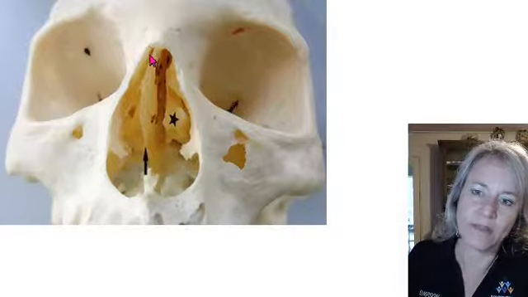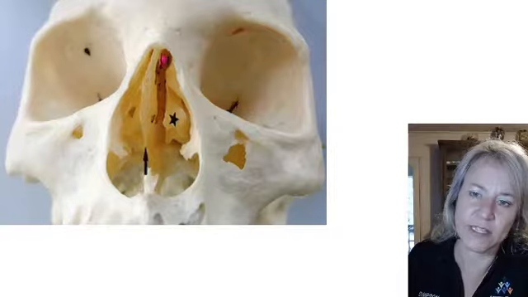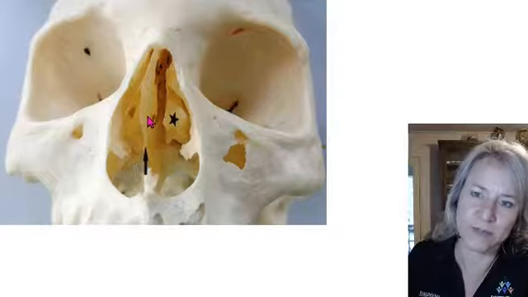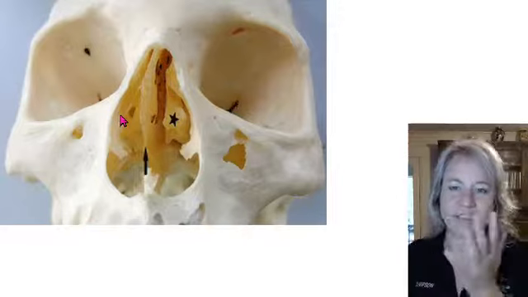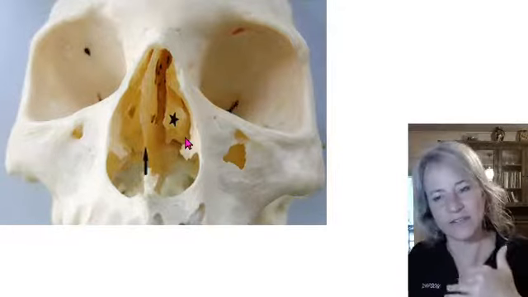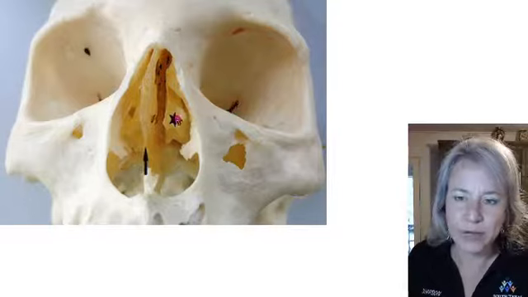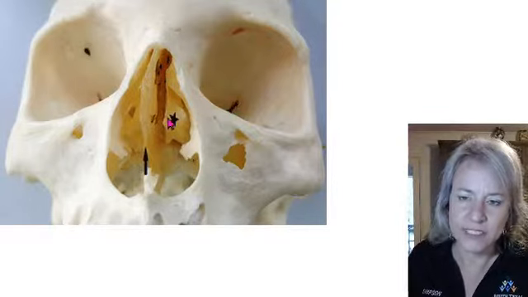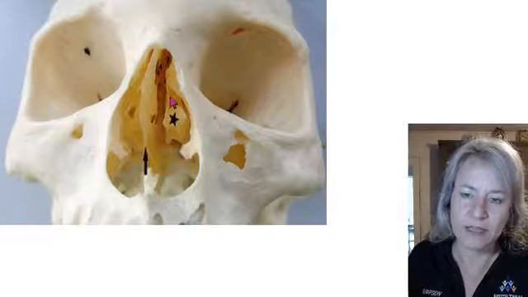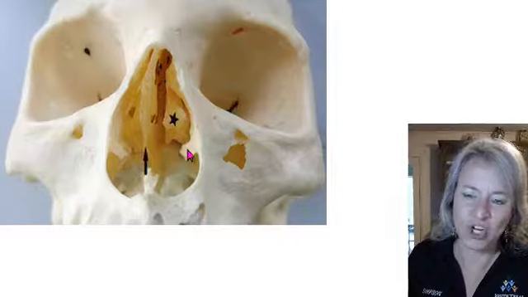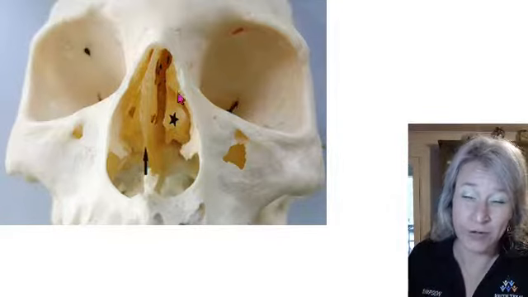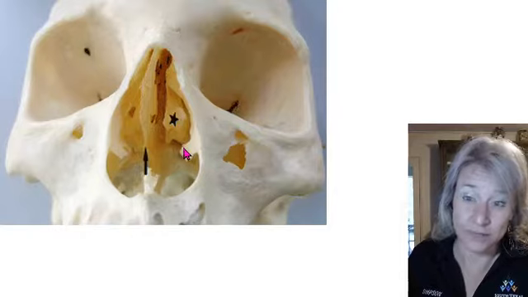Now, down the middle of the nasal cavity, there are these two bones here, and they make up what is called the nasal septum. So the nasal septum separates the right side of the nasal cavity from the left side. And these are the bony parts that make those air channels, the superior, middle, inferior turbinate, or superior, middle, inferior concha.